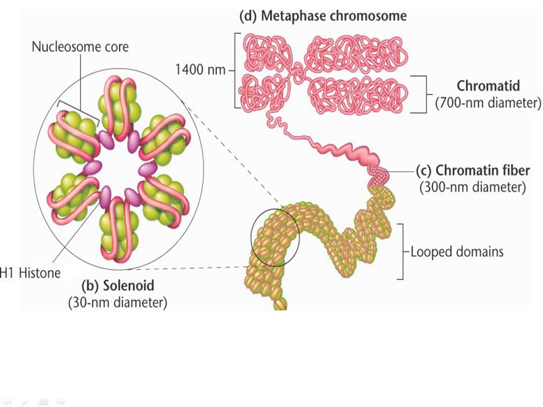Then this chromatin fiber, during the formation of chromosomes, gets further coiled by plectonemic and paranemic coilings to form a chromosome. The width of each chromatid will be around 700 nanometers, and the whole width of a chromosome will be around 1400 nanometers. So this is how the DNA is packed in eukaryotes.